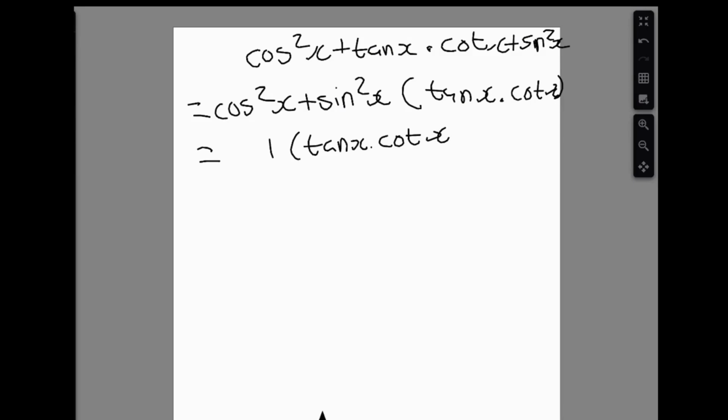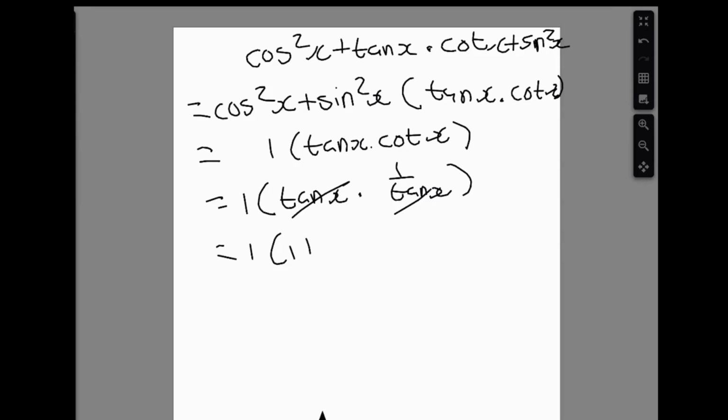Okay? But now we know that cot x is 1 over tan x. So 1 multiplied by tan x multiplied by 1 over tan x. This will cancel out with this, creating a 1. So 1 multiplied by 1 is 1. No, sorry.